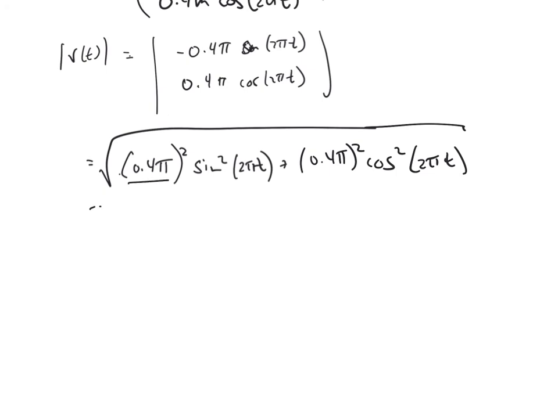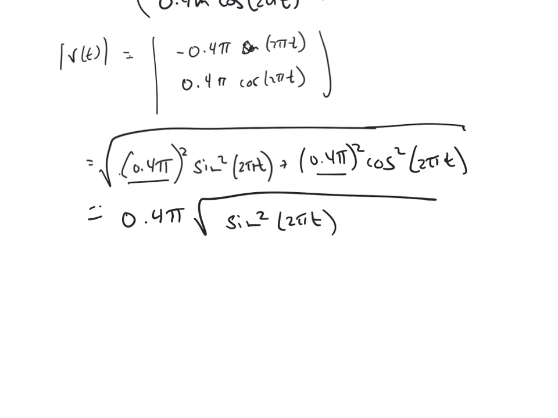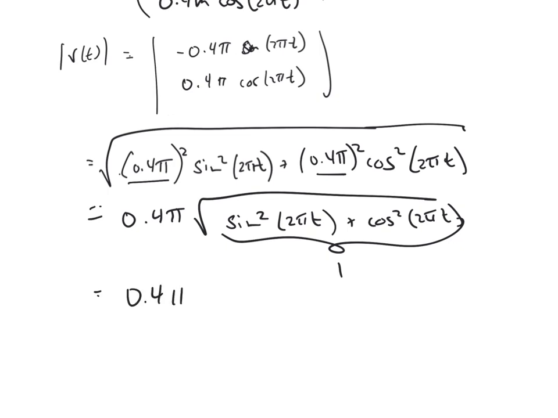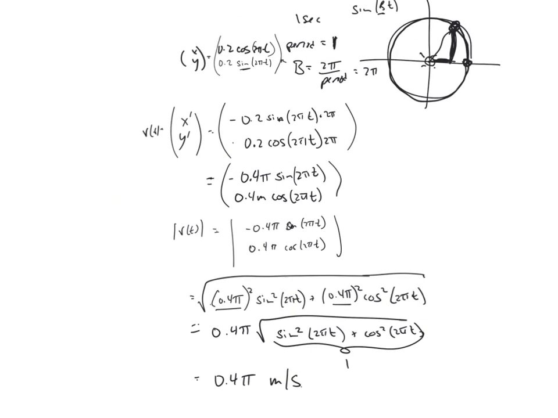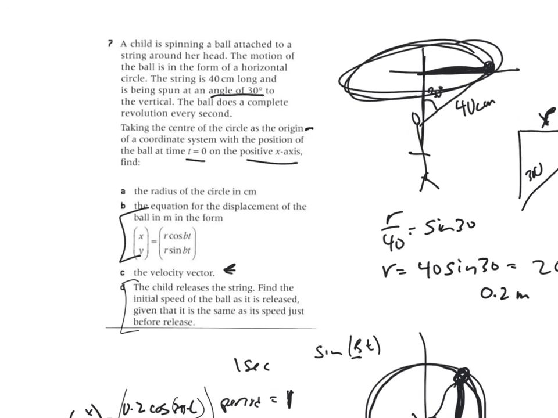If I pull this out as a factor all the way out to the front, it goes 0.4 pi outside of the square root, and then I get sine squared 2 pi t plus cosine squared 2 pi t. This you should recognize as 1. So my speed is 0.4 pi meters per second. And there is how we can do this problem here. Hopefully that helps.